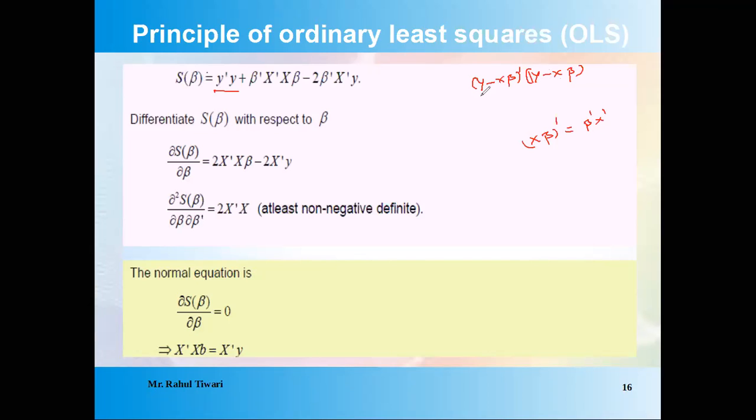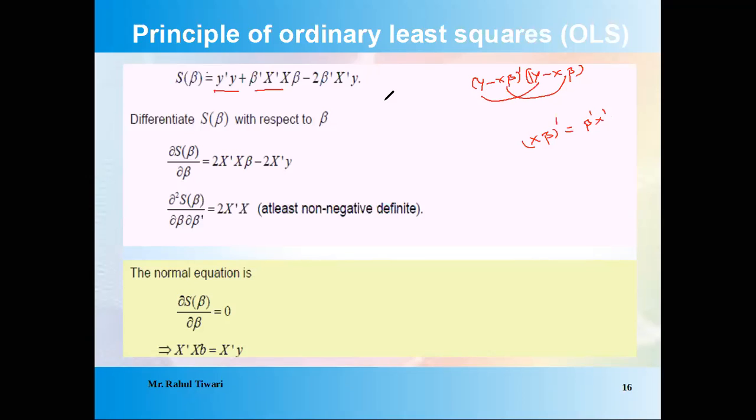So first we take the prime of beta, and then the x prime, so it becomes beta prime x prime. First we multiply this with this, and then we multiply this with this. So what will you get? Beta prime x prime into x beta. So you get the second term. Now we multiply this with the last quantity and the first quantity with the second quantity.